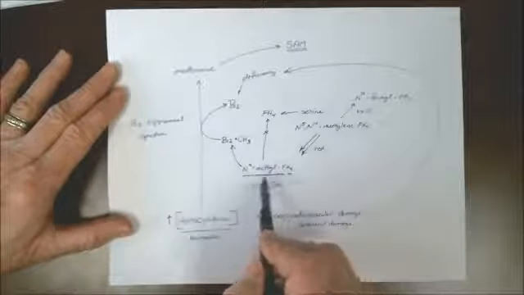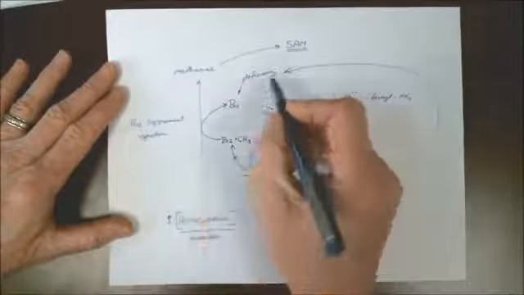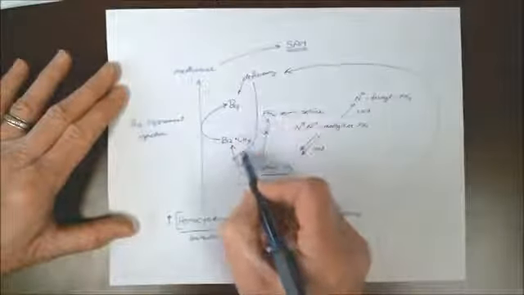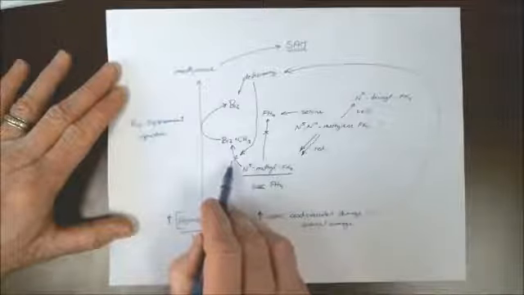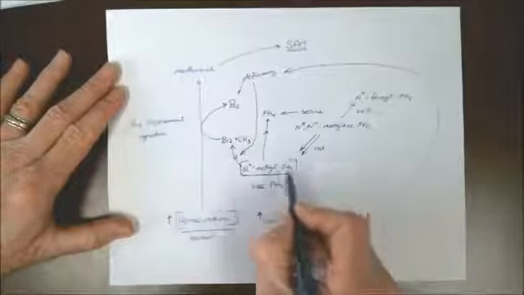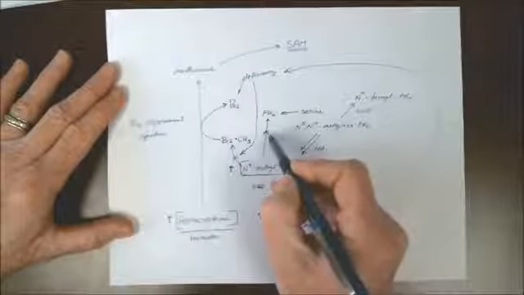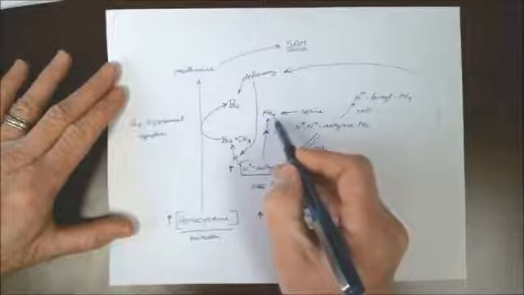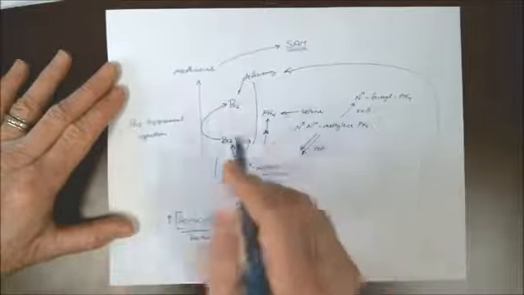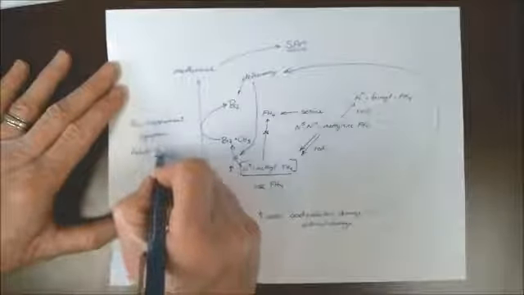But look at what's happening here. This reaction in a B12 deficiency is stopped. So we're building up our concentration of the methyl form, which is going to be depleting the tetrahydrofolate. So this also can lead to a folate deficiency.